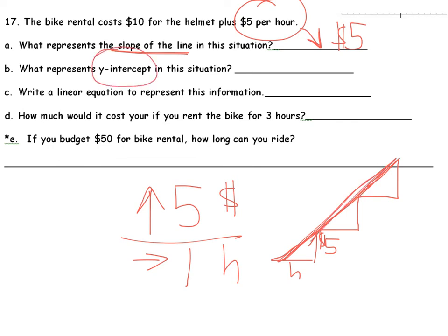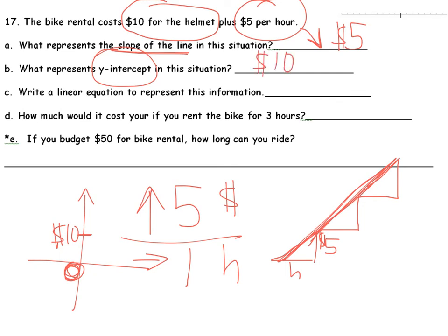What is the y-intercept? Well, at time 0, the cost is $10 for the helmet. So right when I walk in the door, I'm going to have to pay $10. So the y-intercept in this situation is the $10 fee that I got to pay for the helmet.